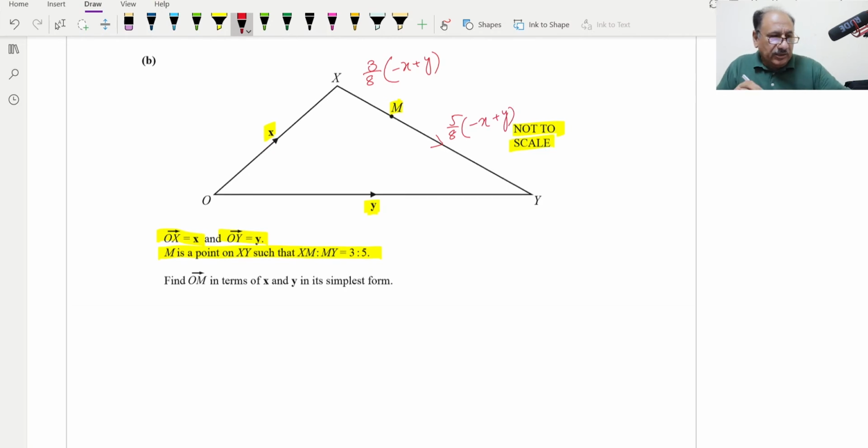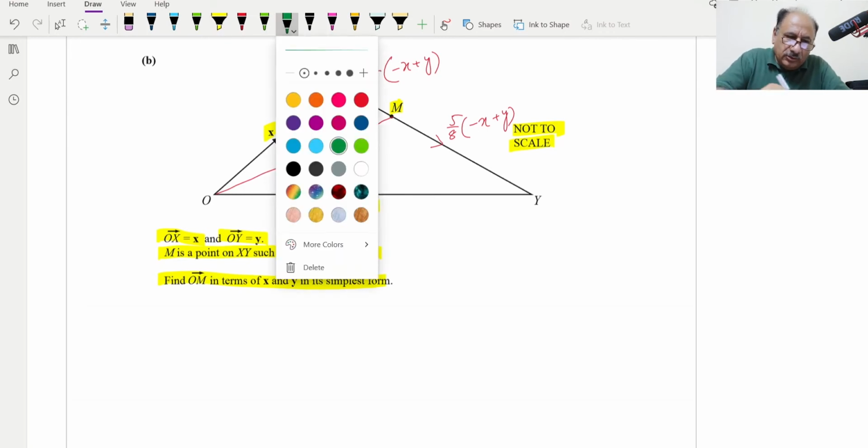After that we can find OM. So we will join O with M, and we can draw OM like this. This will be our OM direction, and now as we need to find OM in terms of x and y, so we can write OM is equal to what?